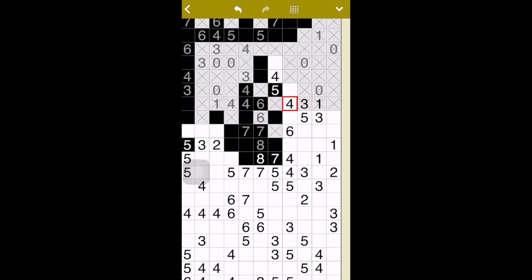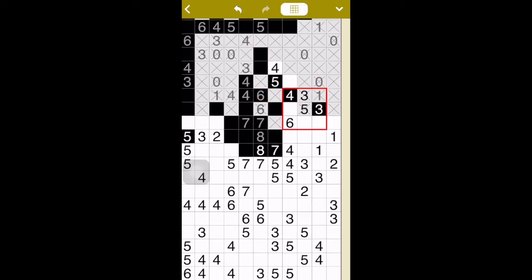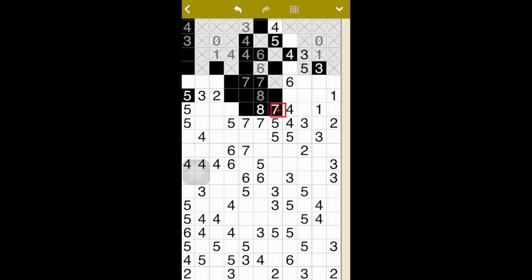Yeah, 4 and a 3, difference of 1, 2 black spaces here, so this one has to be black as well. Difference of 1, 5 and a 4, 1 black space up there, so I need to have 2 down here. Oh, 7 and a 4, difference of 3, right? Oh, okay, now I get it. In my other video, I think you saw me doing this.